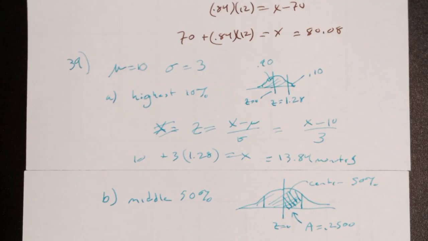But if I do the inverse normal, my calculator operates like table C2. If I'm doing table C2, what number do I want to put in? To find this bar, what number would I put in? Because I need to add the other half over there.